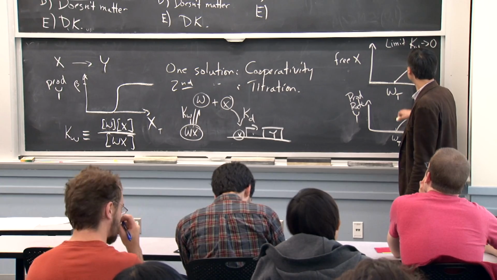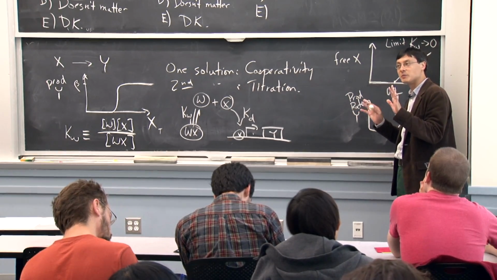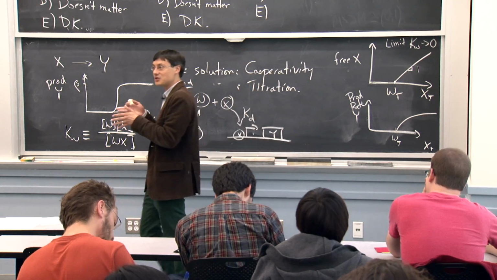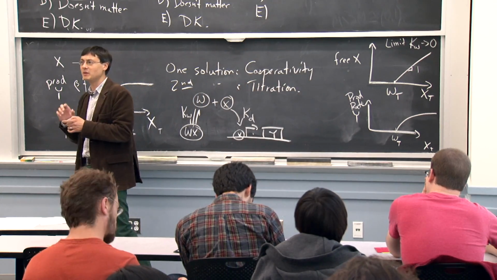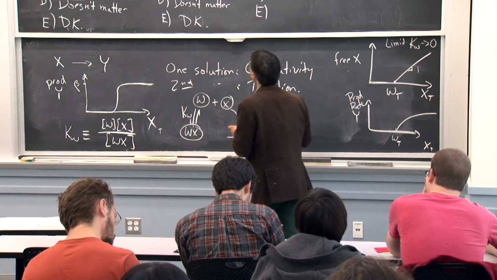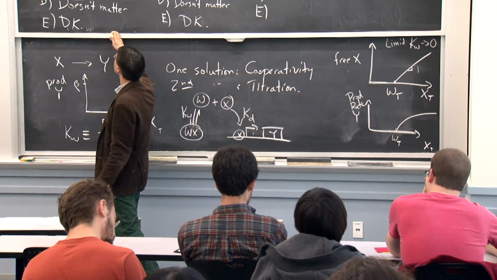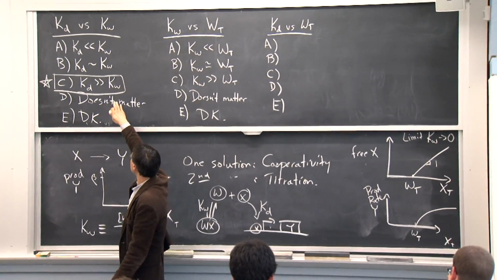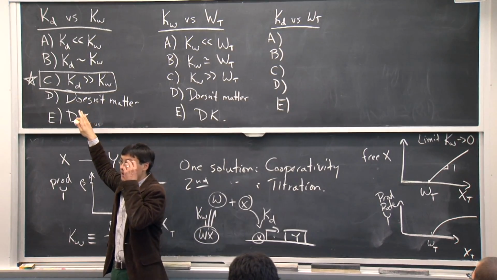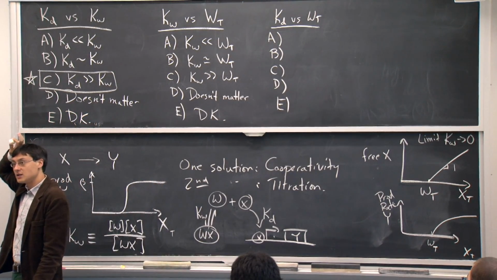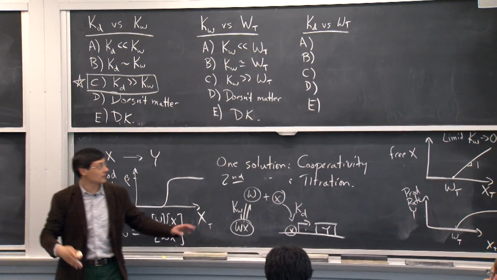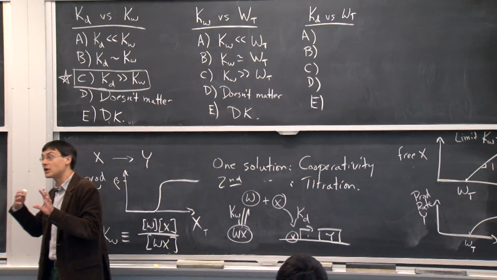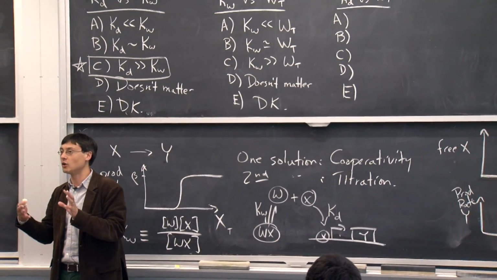Now you're taking two limits of things going to 0, so we have to be a little bit careful, because it still maybe depends on the relationship between those two as they go to 0. But the idea is that if you're in this other limit, then you end up not having significant sequestration, in the sense that as you start adding X, you start getting expression of that protein early on, and so the whole mechanism doesn't work.